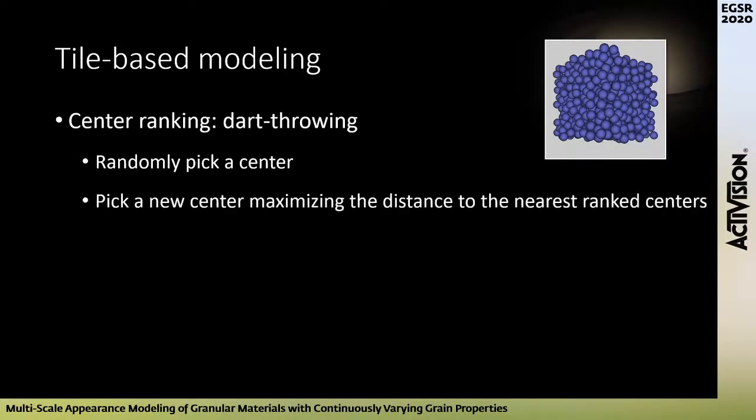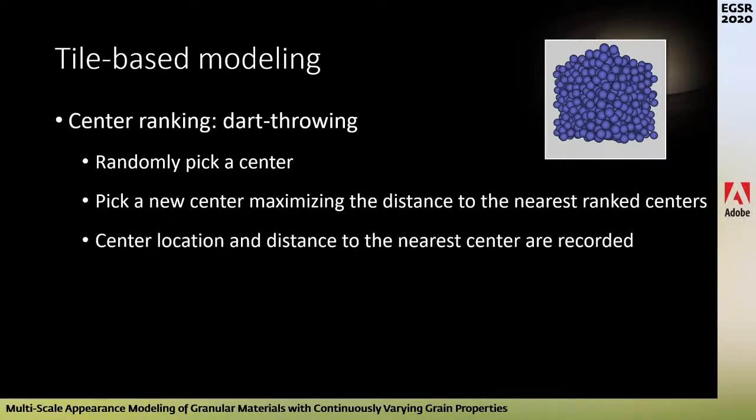Then, a next center is picked such that the distance to the nearest ranked center is maximized. Every time a new center is ranked, the location of the new center as well as the distance to the nearest center are recorded. The ranking process keeps repeating until all centers are ranked.